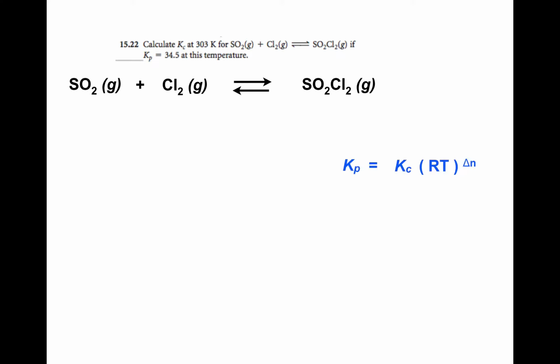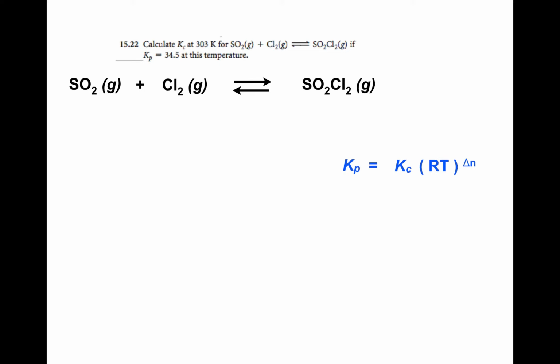Now, you can talk about pressures in terms of their concentration, moles per liter, but we can also talk about them in terms of pressure units. So you can solve for Kp using pressure units or moles per liter, but you're going to get a different value. So there's a relationship between the two.